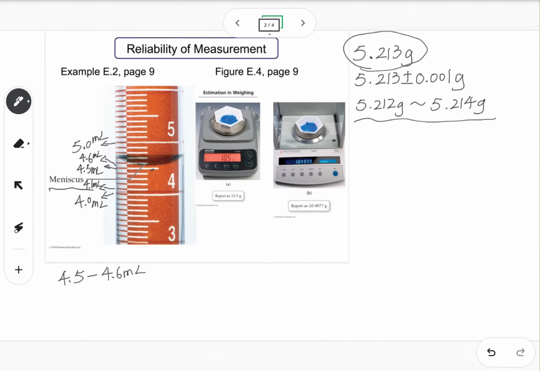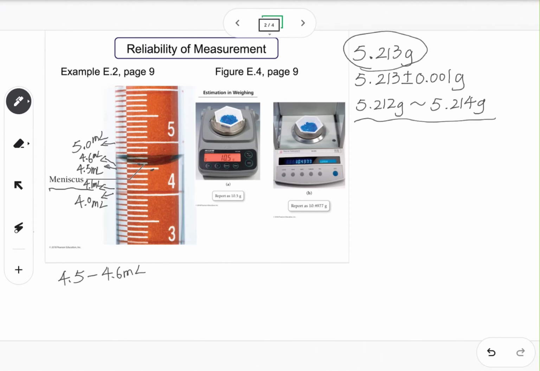The 5 and 6, they are certain because they are markings on this graduated cylinder. So next thing is we have to give it an estimation of the bottom of the meniscus curve because it's between 5 and 6. How do we do it? We just mentally divide the space between 4.5 and 4.6 by 10 and then give it an estimation.